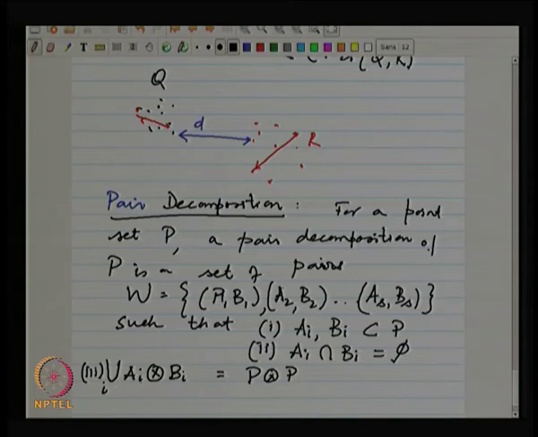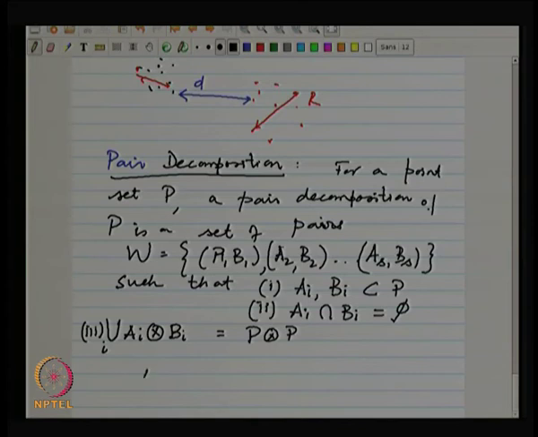So, this operator P cross P, or P operation P, is the set of all pairs produced by this set of points. Maybe I should give a formal definition. So, A cross B is equal to the union of all x y pairs, x belongs to A and y belongs to B. I think that's a simple definition.